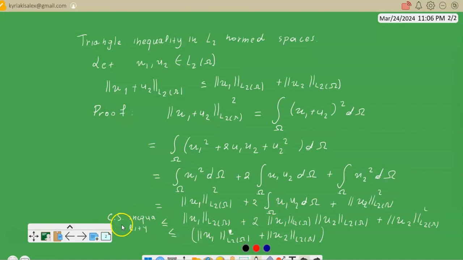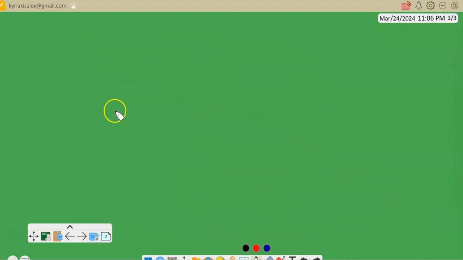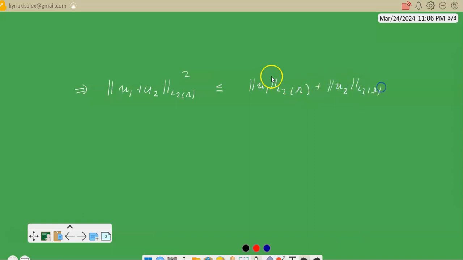And the next step is the following. So we have that U1 plus U2, this norm squared, is bounded by the norm of U1 in L2 plus the norm of U2 in L2, squared.